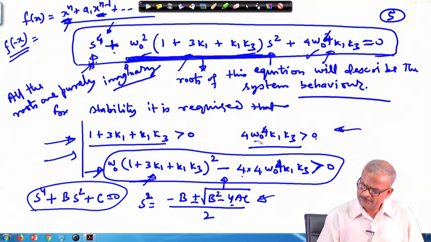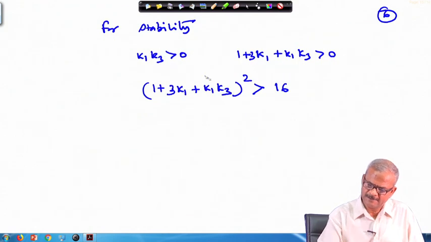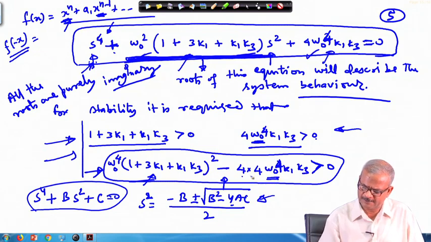Omega 0 is always a positive quantity. So we can summarize like this: k 1 times k 3 should be greater than 0, and 1 plus 3 k 1 plus k 1 times k 3 should be greater than 0. If you look at this part, it becomes omega to the power 4, and here there is also omega to the power 4. So this can get eliminated because it is a positive quantity.